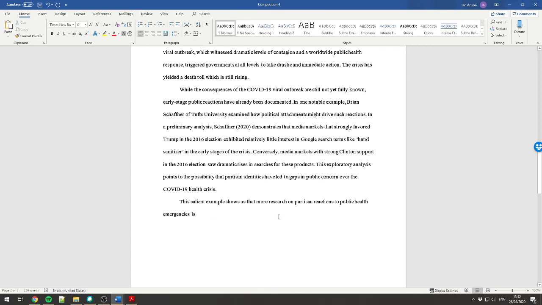See, this is why writing is hard, right? Salient example shows us need for additional research on partisan reactions to public health emergencies.